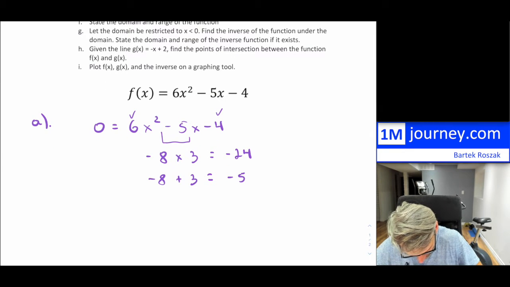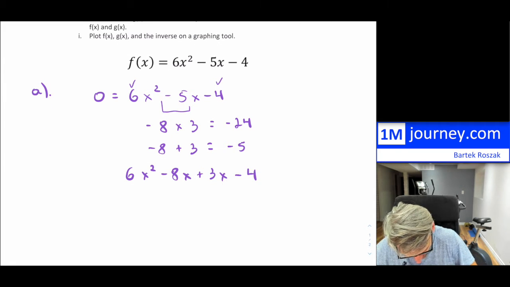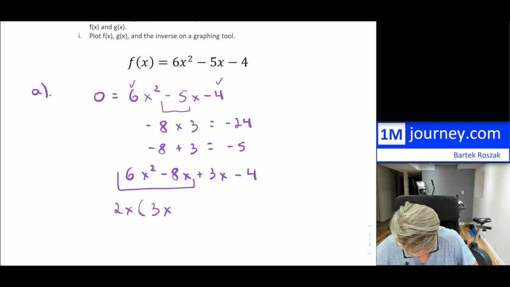So 6x squared, and I'm going to decompose that negative 5x, so minus 8x plus 3x minus 4. Then let's group these together. For the first group I'm going to take 2x out, and it gives me 3x minus 4.